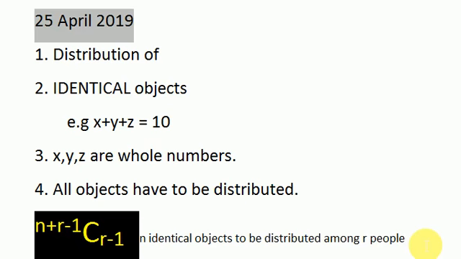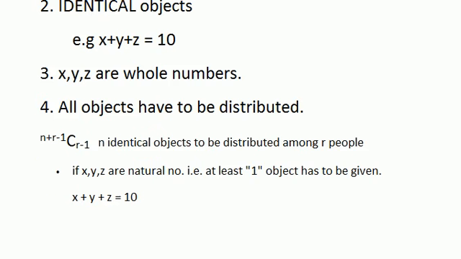So in that case, you write the equation as if x, y, z belong to whole numbers. Then there is a condition that at least one object has to be given. So fulfill this requirement now. Give every child one chocolate. Okay.